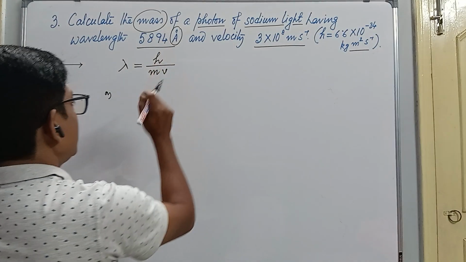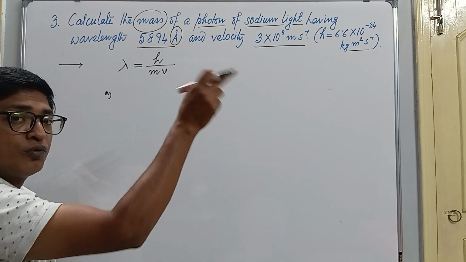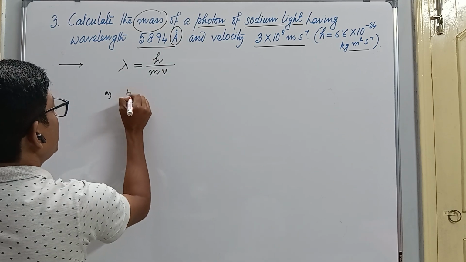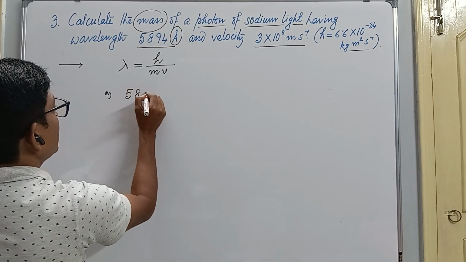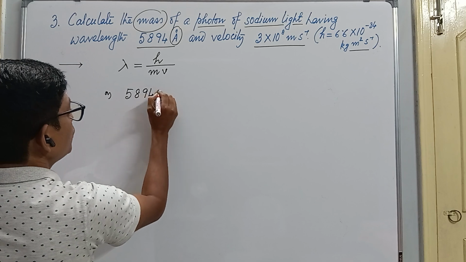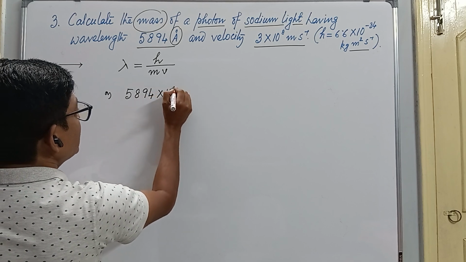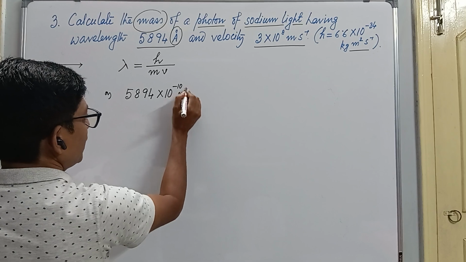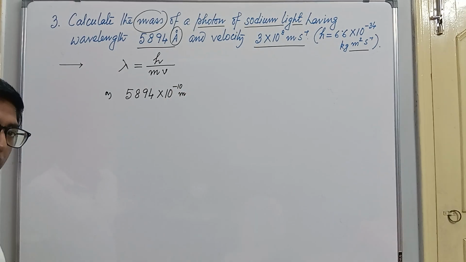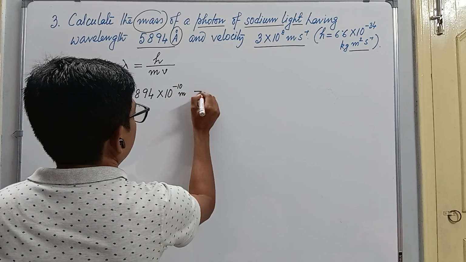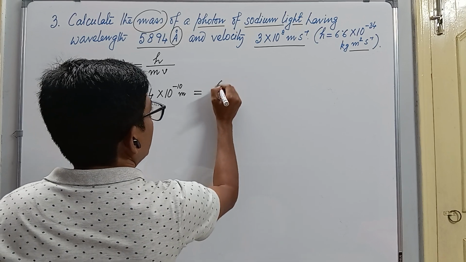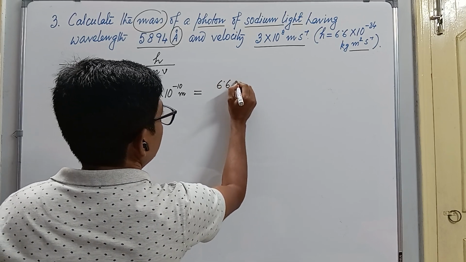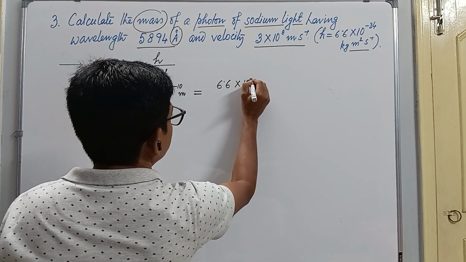Therefore, the first thing is to convert angstrom to meter. So I can write 5894 into 10 to the power minus 10. This is the only thing you need to take care of. If you can do so, I hope all of you will get the correct answer. So now let me put this value. Here I am using 6.6 as given in this problem.